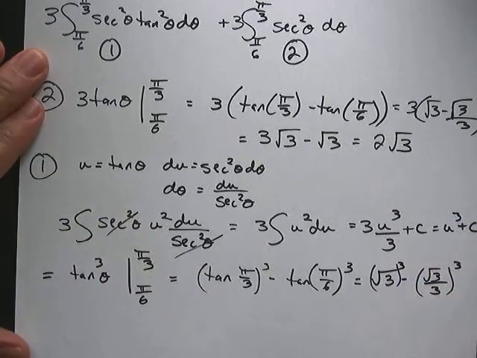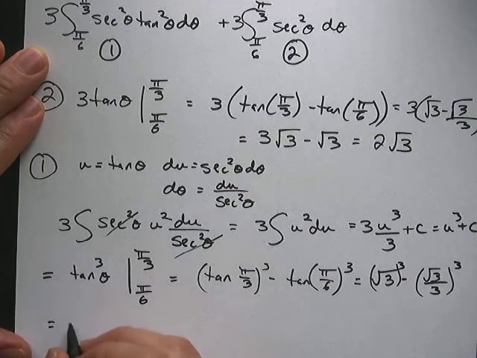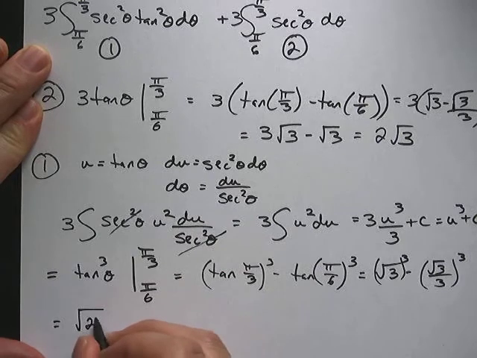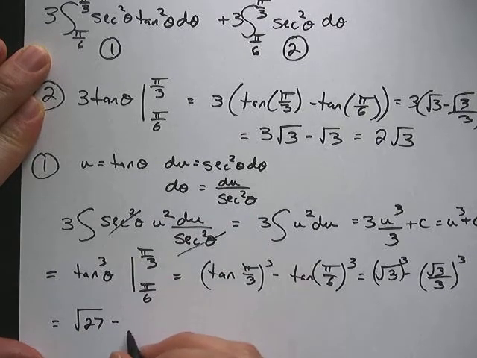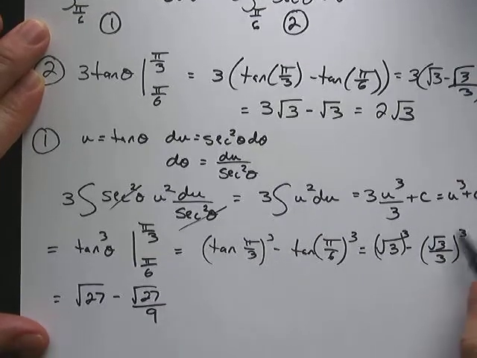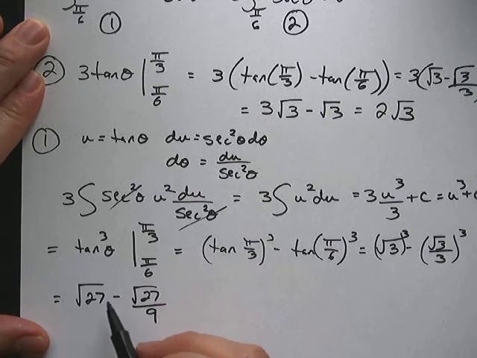Now we can distribute this, and we can distribute this to the inside, so that becomes the square root of 27 minus the square root of 27 over 9, because I distributed here and here. Okay, and then of course the square root of 27 can be reduced.